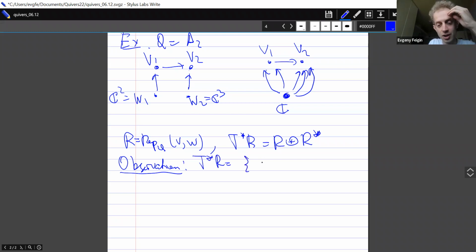We have the maps X_a and Y_a. X_a is a map from V_{s(a)} to V_{t(a)}, and Y_a in the opposite direction, from V_{t(a)} to V_{s(a)}.